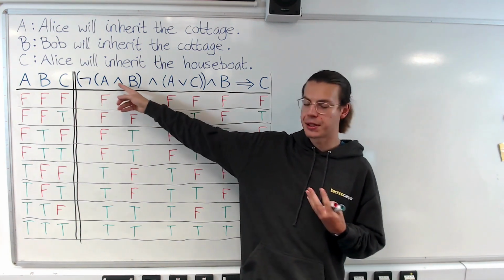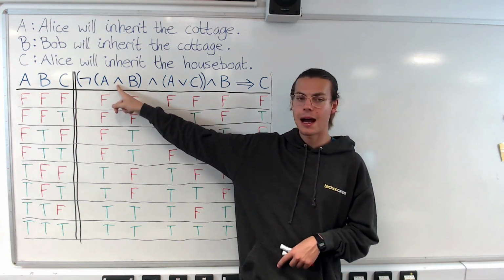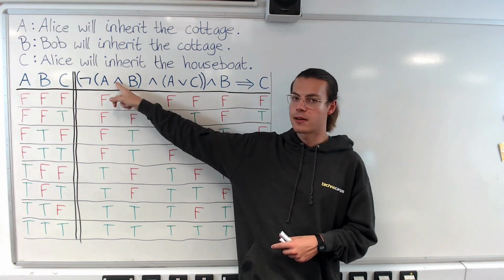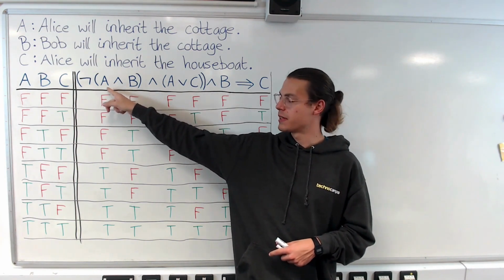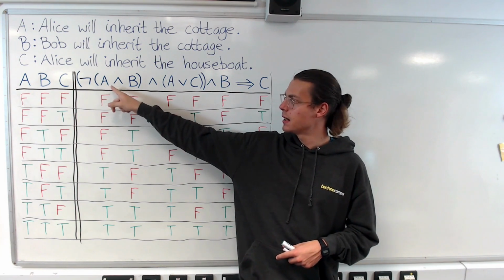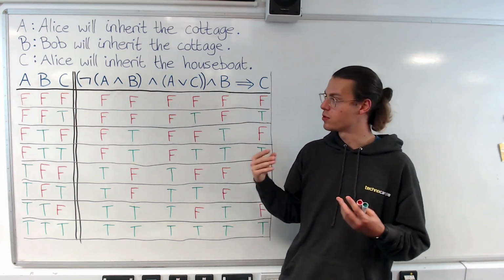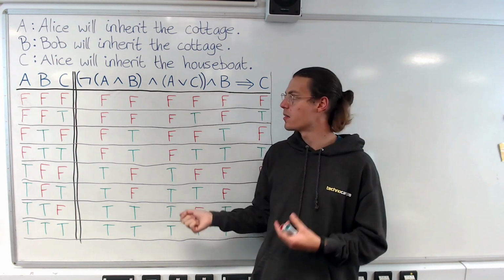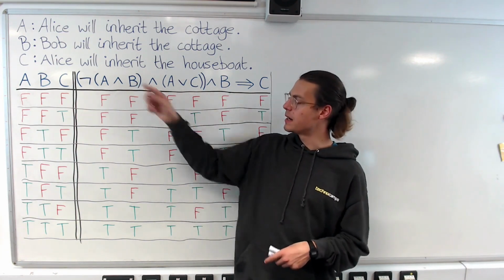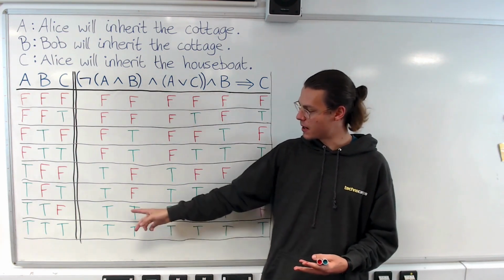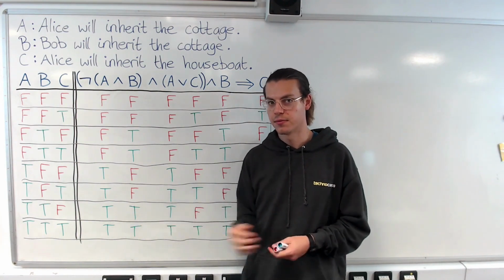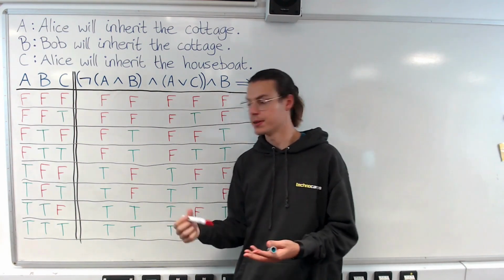For example, we could start with this and. This and operator represents the statement A and B. So this is true if and only if A and B are both true. That is in the last two rows. Everywhere else it's false.